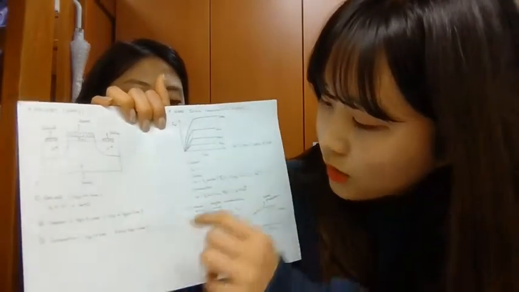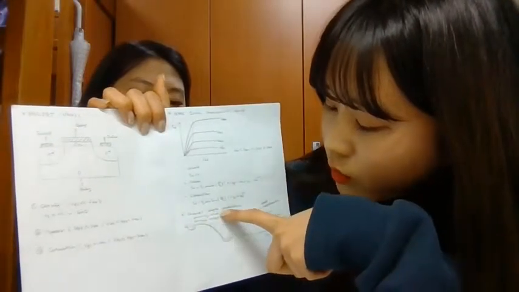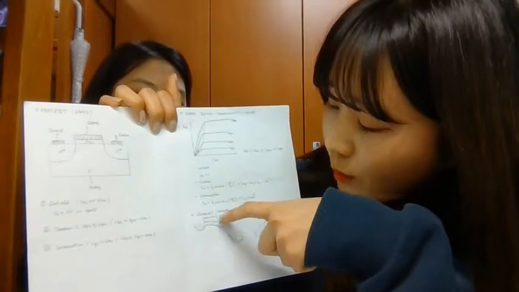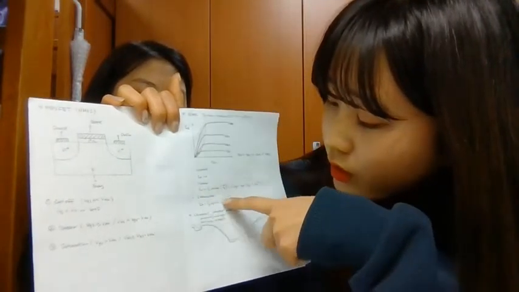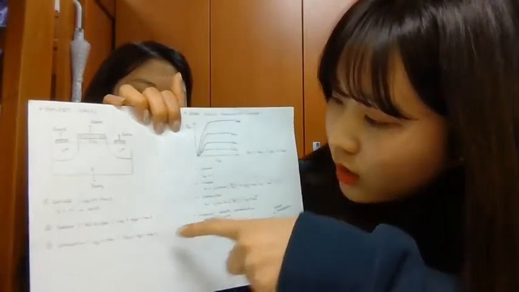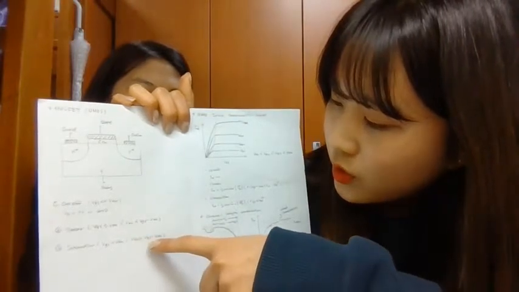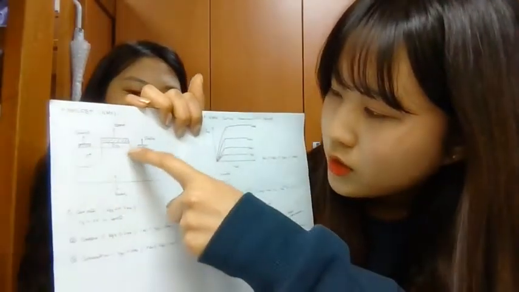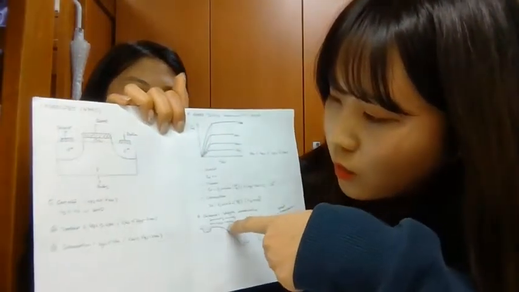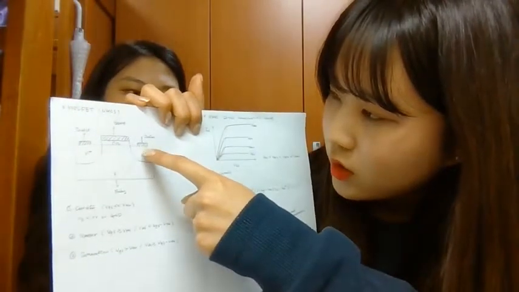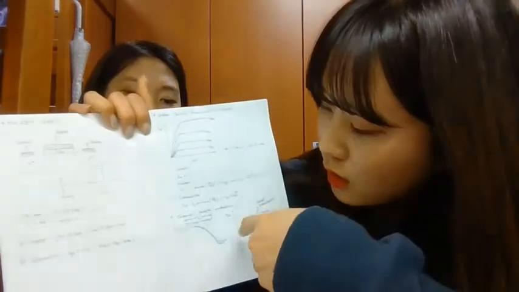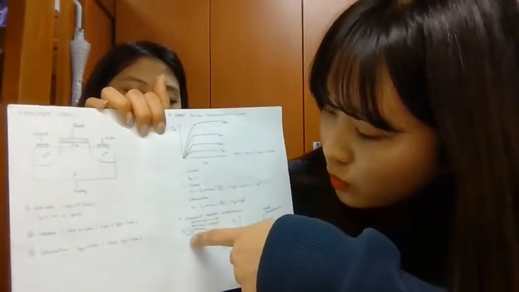And this is channel length modulation. Channel length modulation appears in the saturation state when VDS and VGS minus threshold voltage are equal. Then there is the pinch-off state, and when drain voltage is increased, there is more depletion region, and the channel's length will go small.